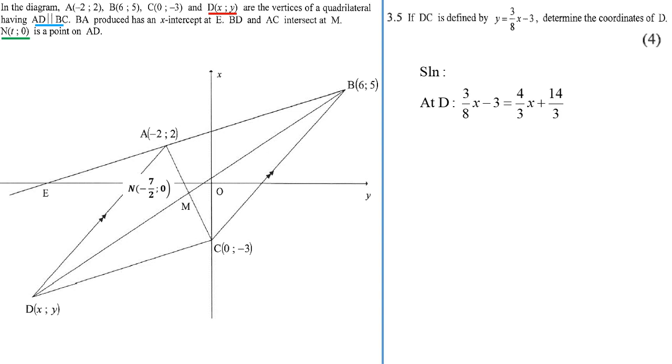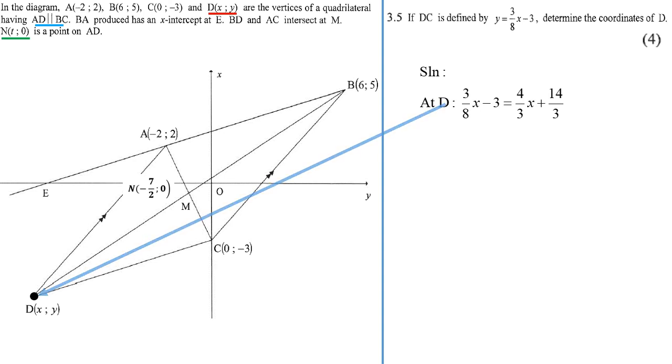Now at D, the given equation of DC must equal the equation of AD, and you remember we calculated the equation of AD in 3.2, which is 4 divided by 3 x plus 14 divided by 3. You see, that point is the D that we're talking about.